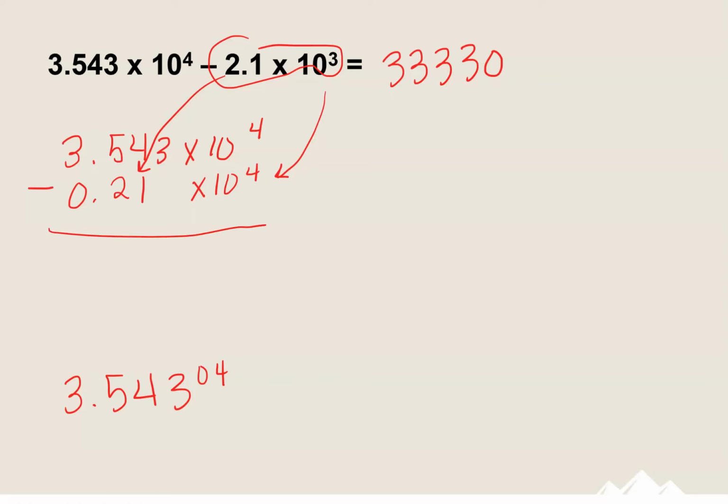And now, if I do the subtraction, here's my last uncertain digit in each one. On my calculator, that would come out to be 3.33, but because this was uncertain in the thousandths place, this is uncertain. Because we had uncertainty in the hundredths place in this one, this is uncertain.